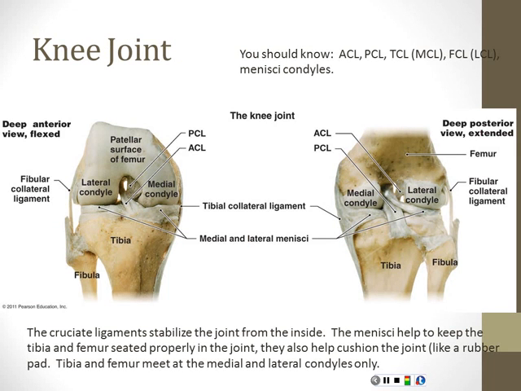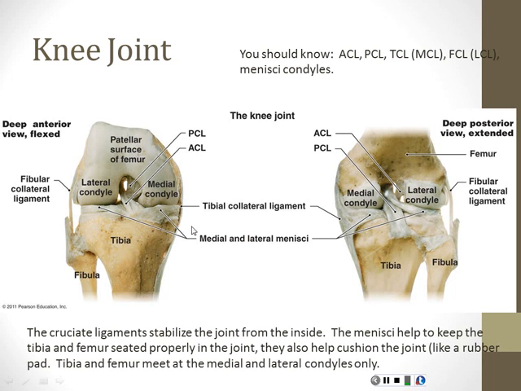The knee is femur to tibia. Because you can see that the fibula is way down here, nowhere close to the femur. So the knee joint is just 2 bones, femur and tibia. This is the end of the femur that we're looking at here. So there's a medial condyle and a lateral condyle.